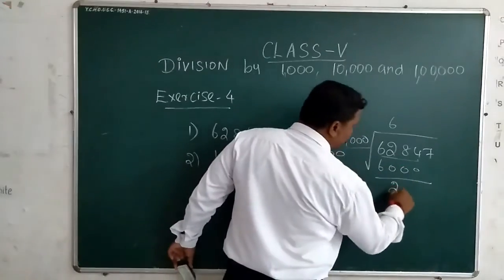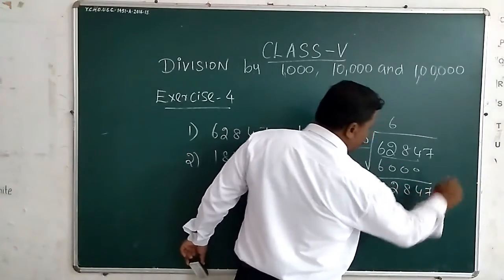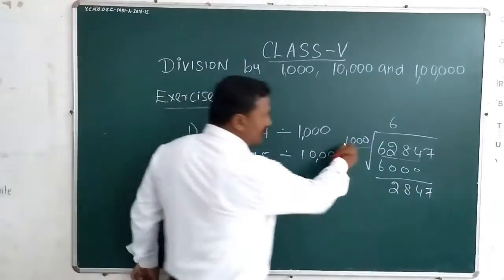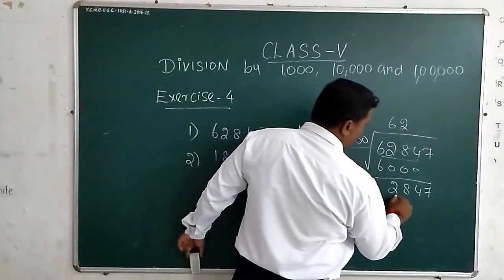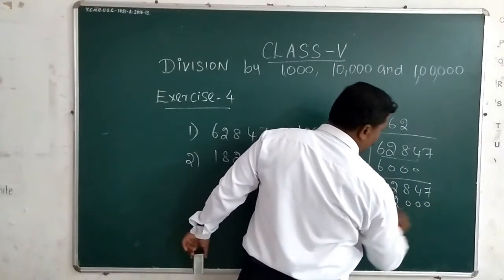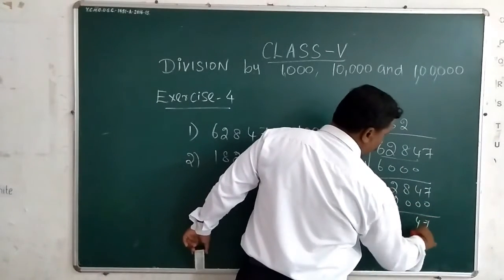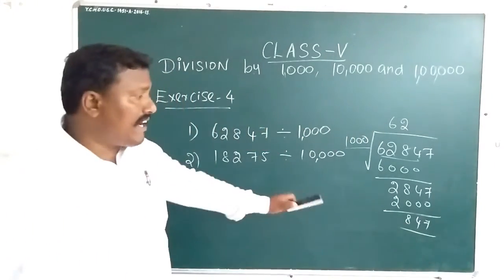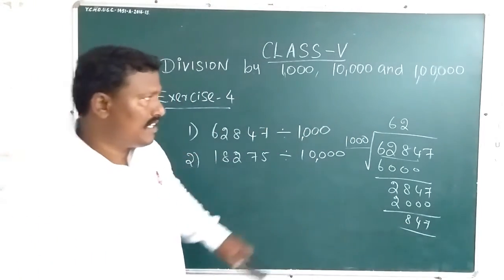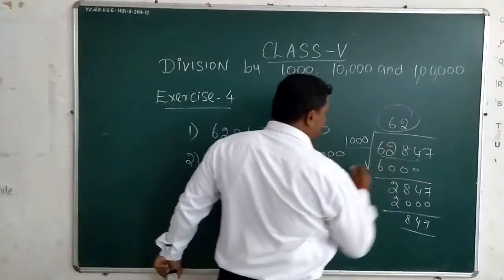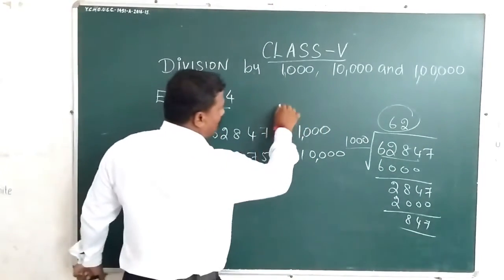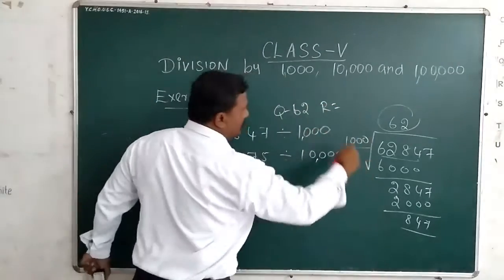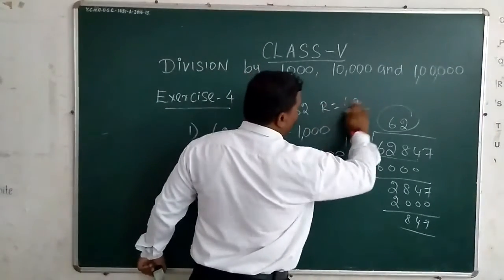If you subtract, 2,847 remains. How many thousands are there? 2,000. So we cannot divide more than this. So 62 as a quotient, then the remainder is 847.